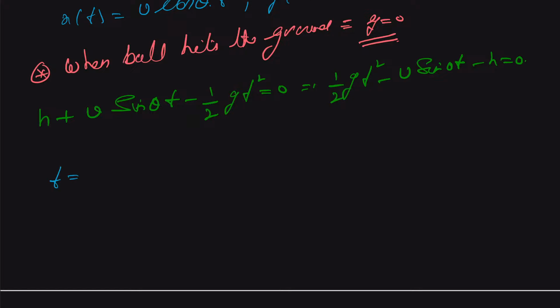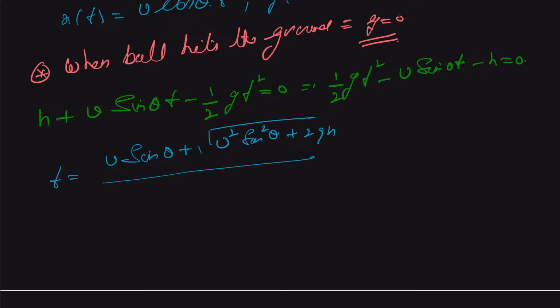So the value of t will be equal to, taking only the positive value, v sine theta plus the square root of b square, that is v square sine square theta, minus 4ac, which comes as plus 2gh, all divided by 2a, that will be g.